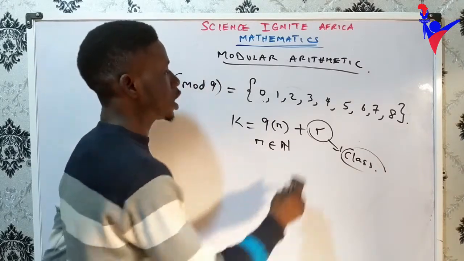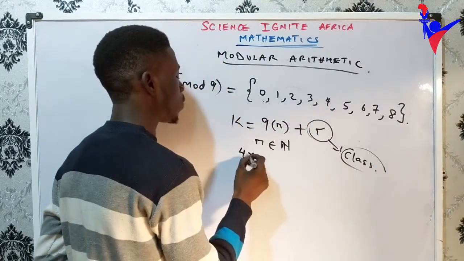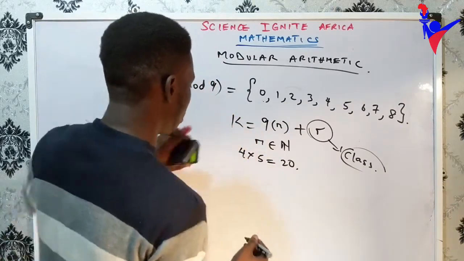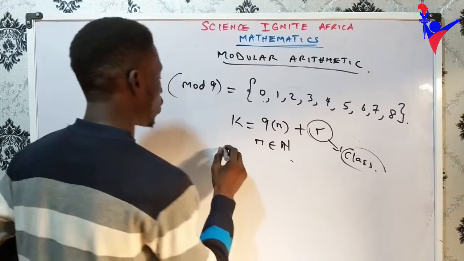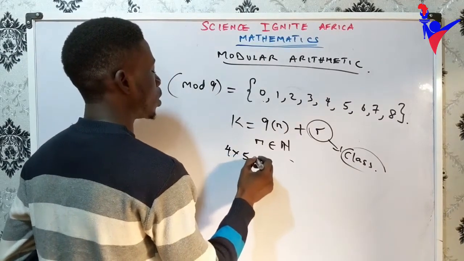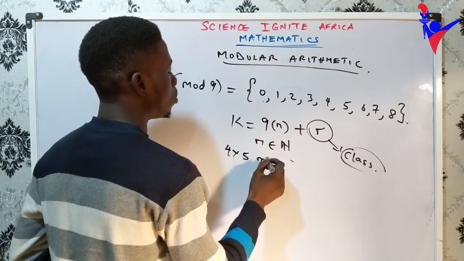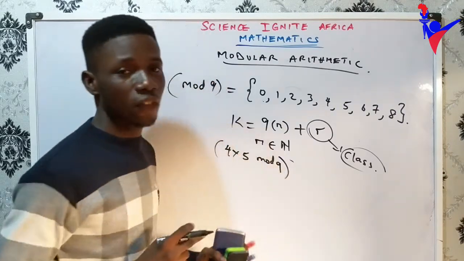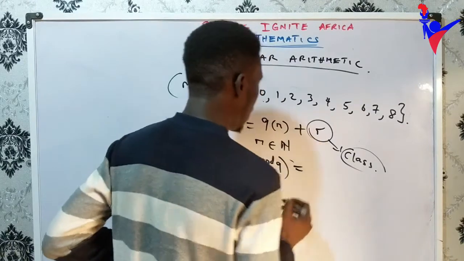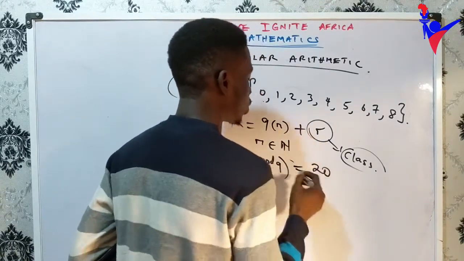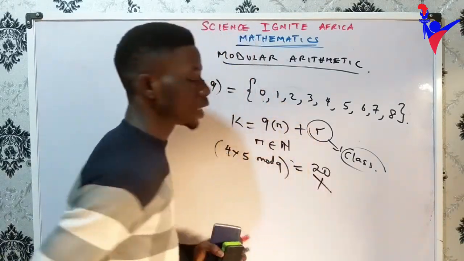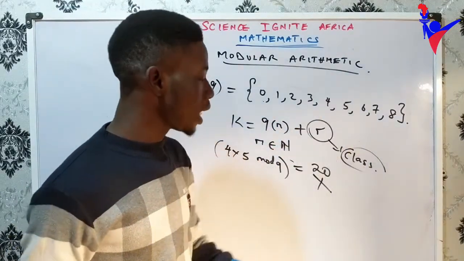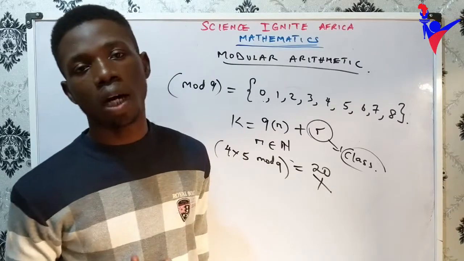For instance, if I pick 4 times 5, that will be equal to 20. I'm performing this operation in mode 9. Now, if I'm performing 4 times 5 in mode 9, that implies that I cannot have 20 as my answer. 20 will be wrong, because no number in mode 9 should be more than, or even up to, the number.